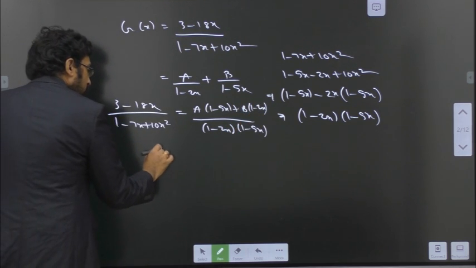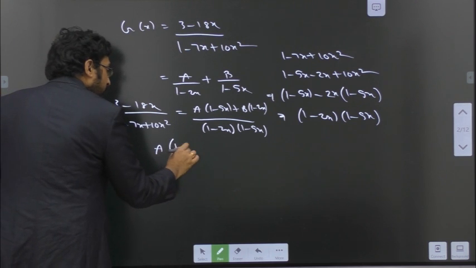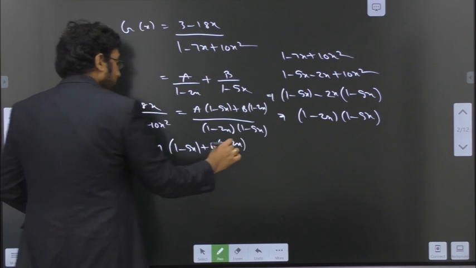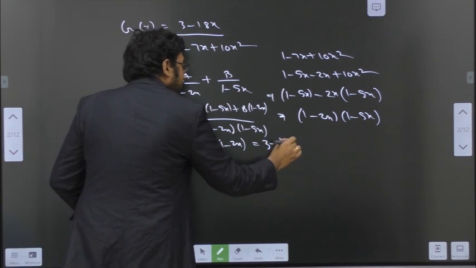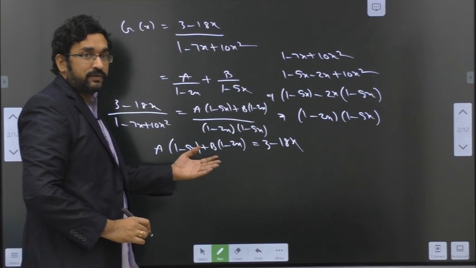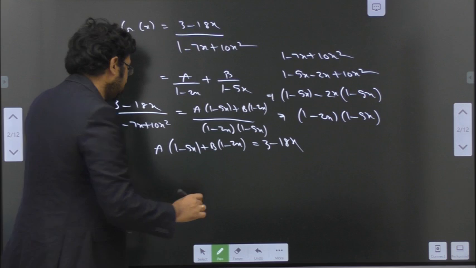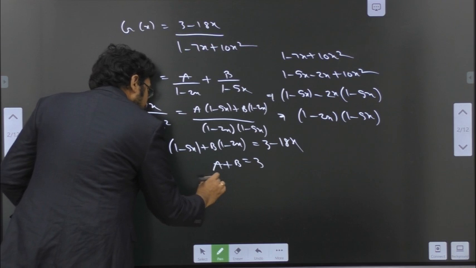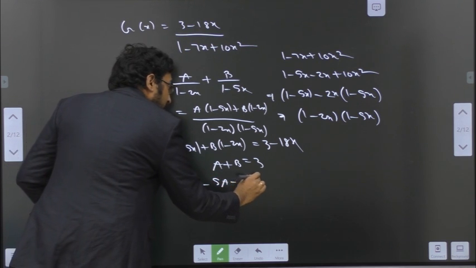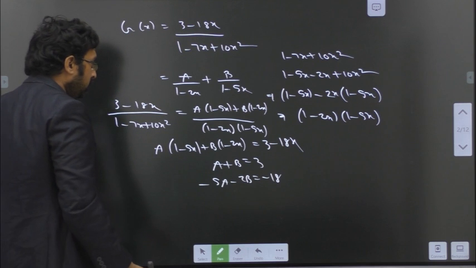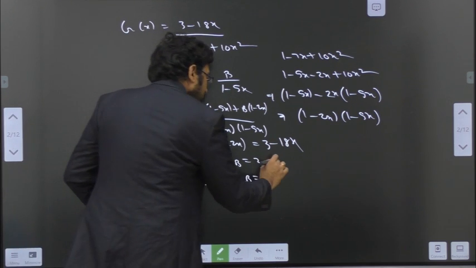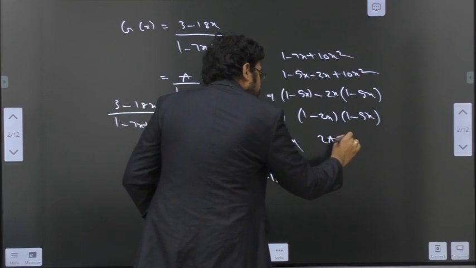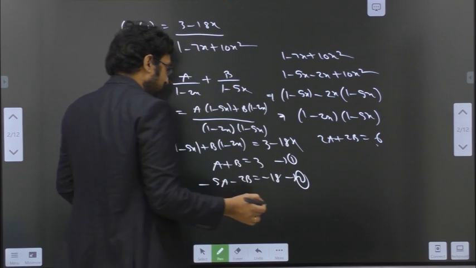So take the numerator parts: A(1 minus 5x) plus B(1 minus 2x) equals 3 minus 18x. Compare constant terms and x coefficients on both sides. So we get A plus B equal to 3, and minus 5A minus 2B equal to minus 18. For example, multiply the first equation with 2. Then we will get 2A plus 2B equal to 6.